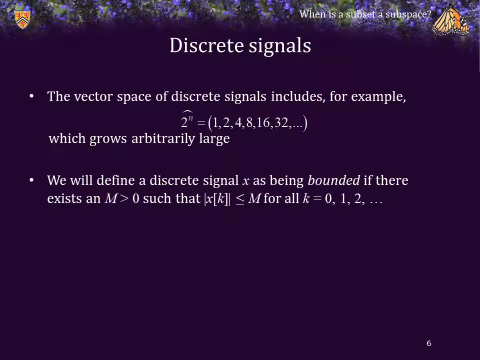This signal is not bounded. However, we will define a discrete signal x as being bounded if there exists an M greater than 0 such that the absolute value of every single entry in that discrete signal is less than or equal to M for all indices starting at 0 going to infinity.